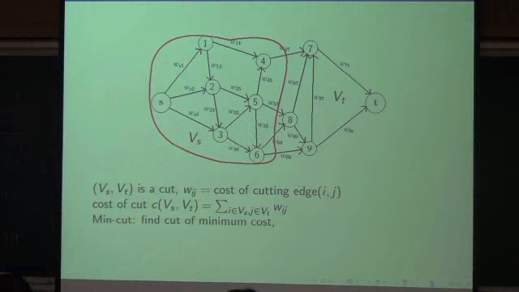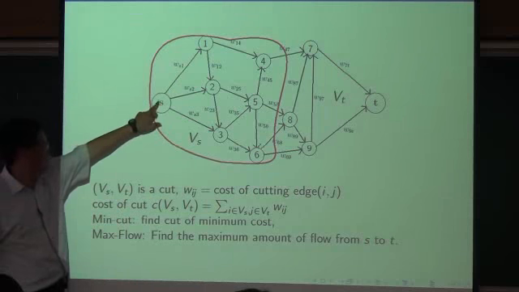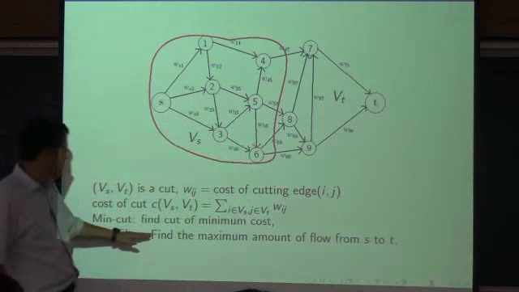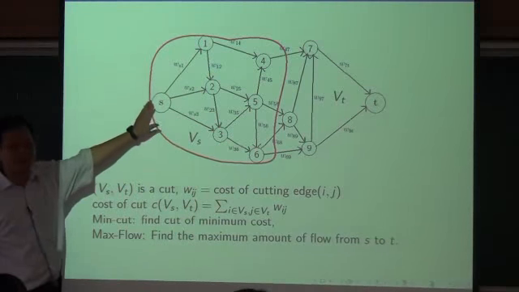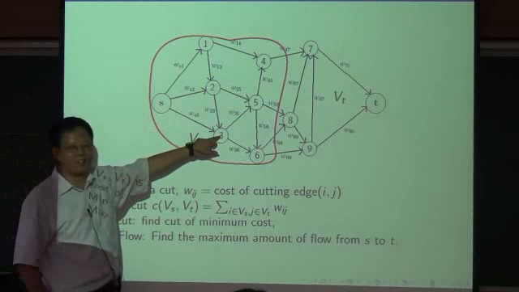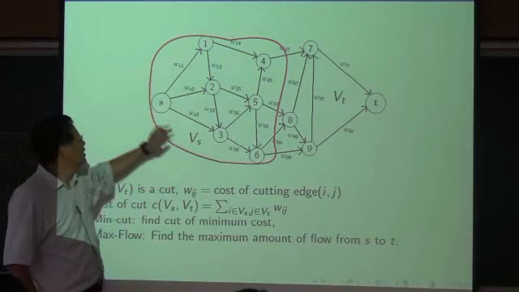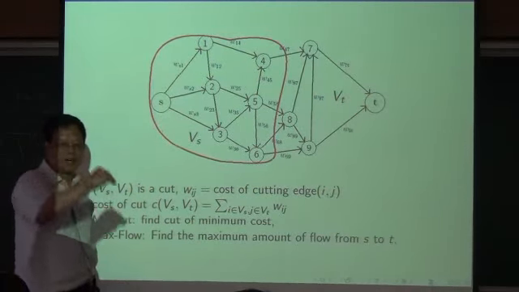Then there is another one called the max flow. The max flow is where you find the maximum amount of flow from the source to the sink. Think of this not as a computer network but as pipelines. Those are the junctions, this is the pipeline, and the direction goes here. Here you put water and you increase the pressure.